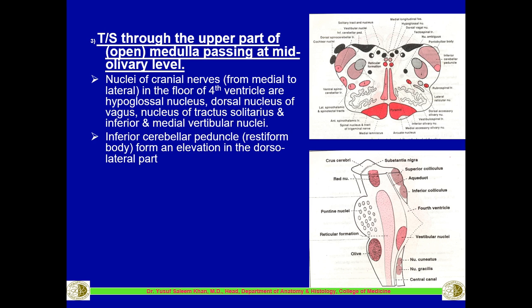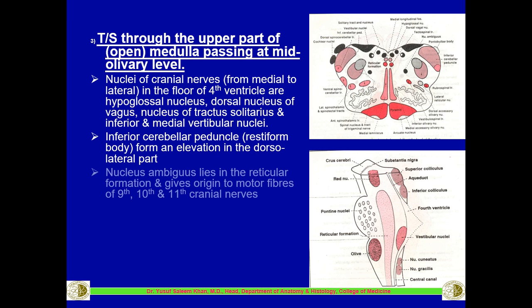The inferior cerebellar peduncle, which is also called the restiform body, can be appreciated on the most lateral side. On either side, you can see the inferior cerebellar peduncle. The nucleus ambiguus lies in the reticular formation.